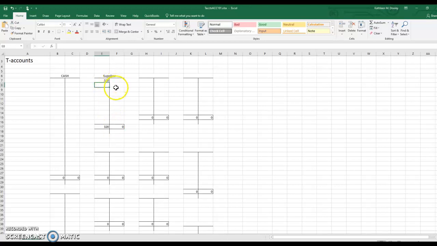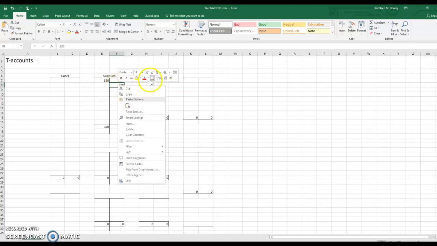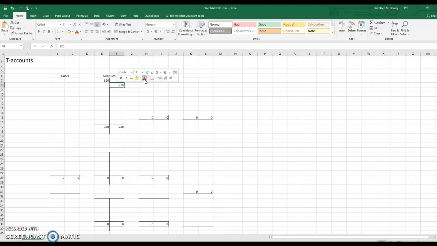So whenever we use something, we no longer own it, so that $230 has to come out of the asset account. We no longer own it. So what is our new balance of the supplies?